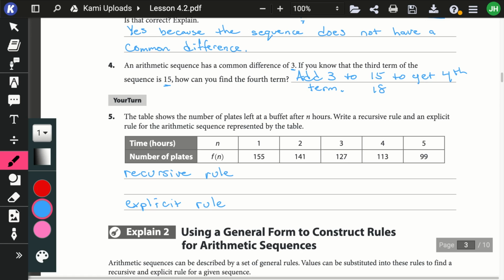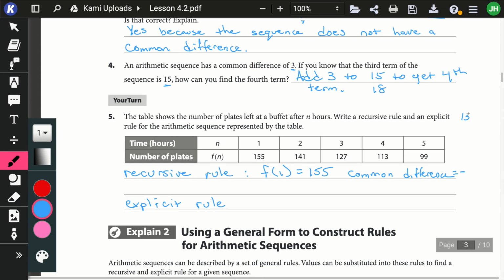So the recursive rule, first we need to know f of 1 equals 155, and the common difference. So this is going to be 141 minus 155. Notice it's getting smaller, so the common difference is going to be a negative number.